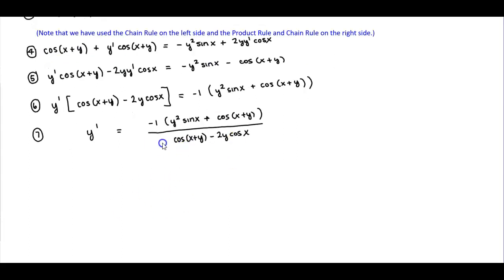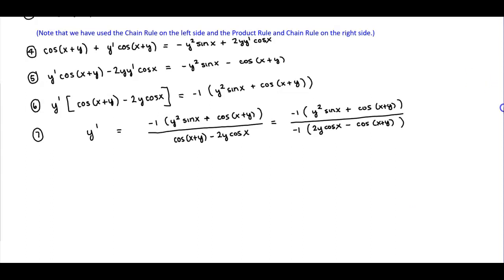Okay, now if we want to make this look nicer, we can factor out a negative 1 in the denominator. If we did that, we would still have negative 1 factored out in the numerator, which is y squared times the sine of x plus the cosine of x plus y. And then if we factored out a negative 1 here, then the negative 2y cosine of x is now going to be positive, so it's going to be 2y times the cosine of x, and then minus the cosine of x plus y.